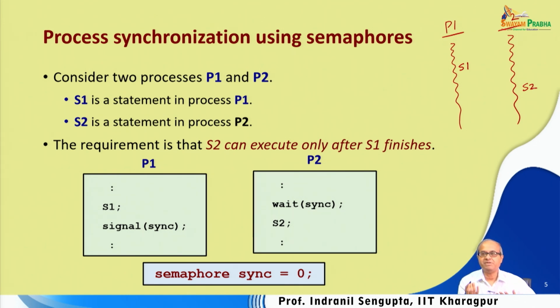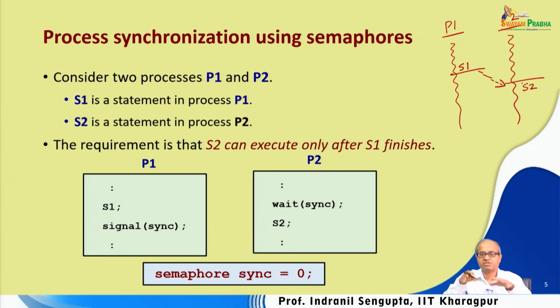There can be a dependency: I have written the program in such a way that S2 can execute only after S1 has finished. Unless S1 finishes, the process P2, after reaching S2, will have to wait. Only after S1 completes, P2 can continue and execute S2.